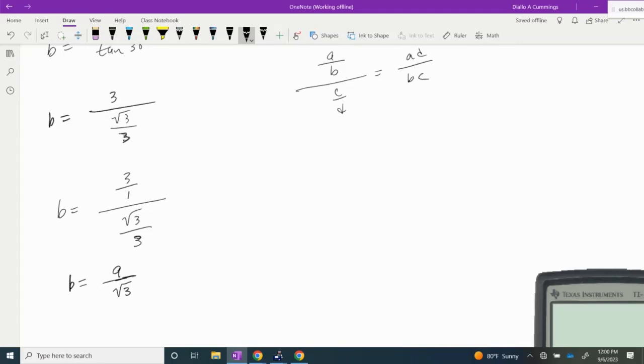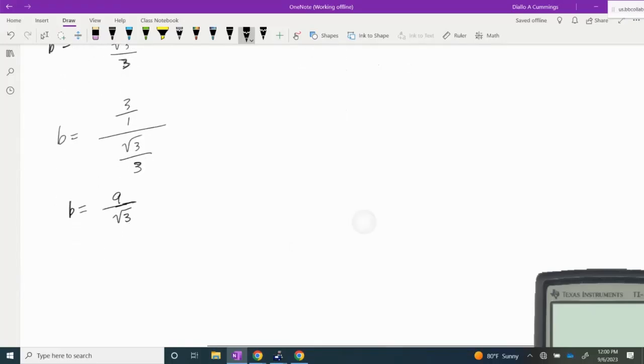So that means there should not be a radical in the denominator. So does anybody remember what we can do to rationalize the denominator? This is what you're going to run into sometimes. So we got to rationalize the denominator.